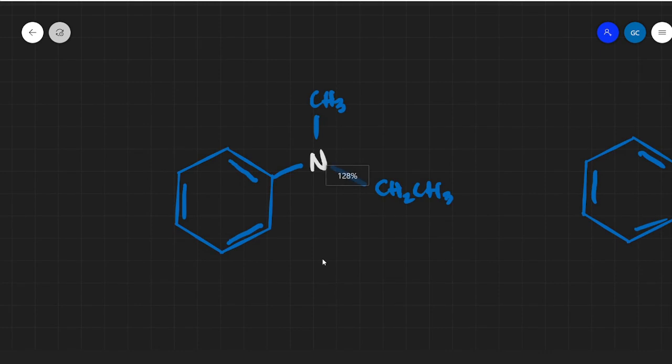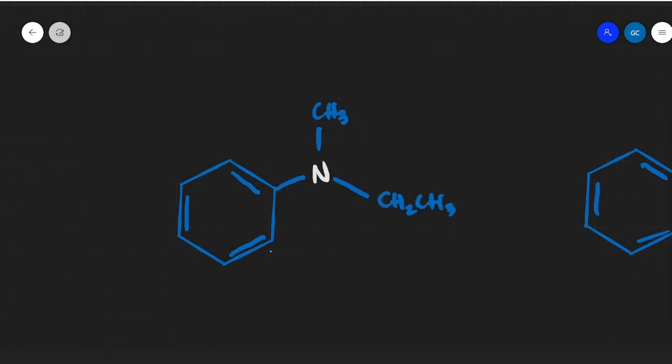So for this one, we have one of the simple examples. We have two R groups attached to our aniline. As you may notice, we have this methyl and this ethyl. Those are the two we will look at. This is the methane, and this is the ethane attached to our nitrogen.